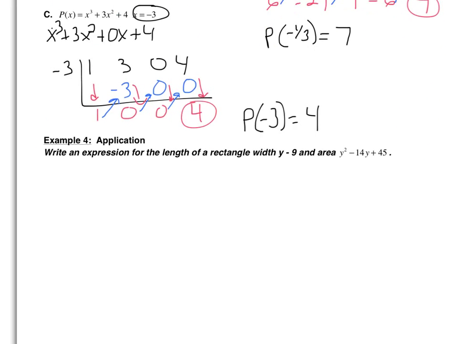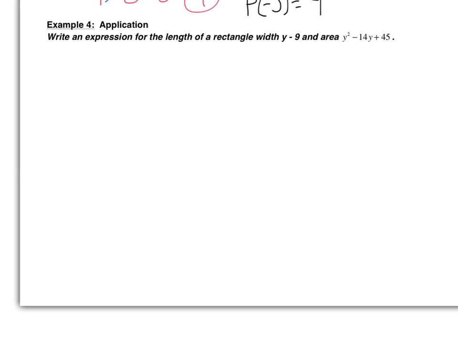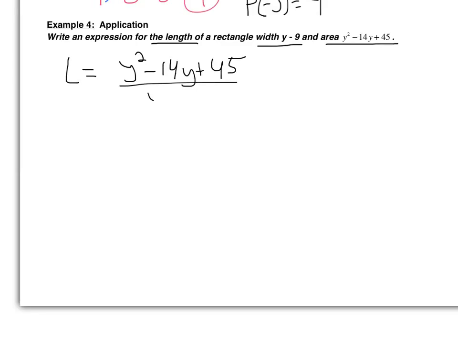In our application problem, we start off with we want to write an expression for the length. Given the width is y minus 9 and the area is y squared minus 14y plus 45. Now if I want to find the length I would have to take the area and divide that by the width.